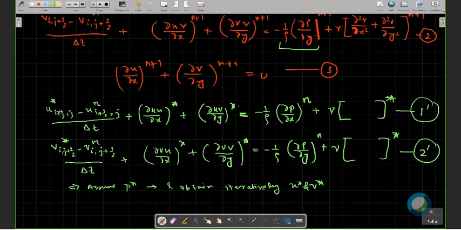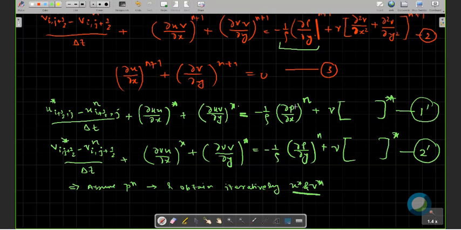Now once you calculate the u star and v star, we should know these are not the correct solution. We want a correct solution for u and v. U star and v star are intermediate values and not u n plus 1 and v n plus 1 values. And we would like to get the actual values. And those actual values will come with the actual value of p.